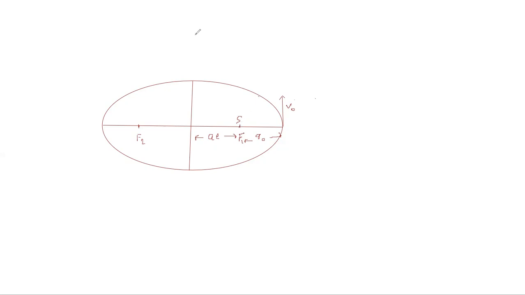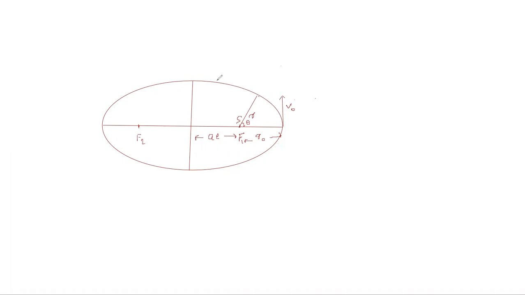Now at a general time, let's say the planet has moved to this point, and this is the radius vector. We'll let this be equal to R, and this is the angle theta at a general instant of time. This was at t equal to 0, and this is at t equal to some general time.